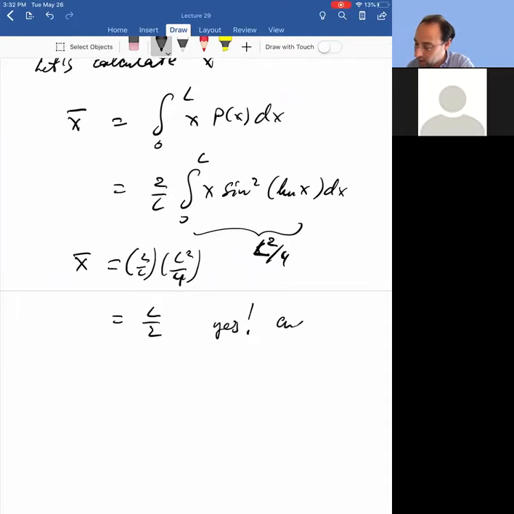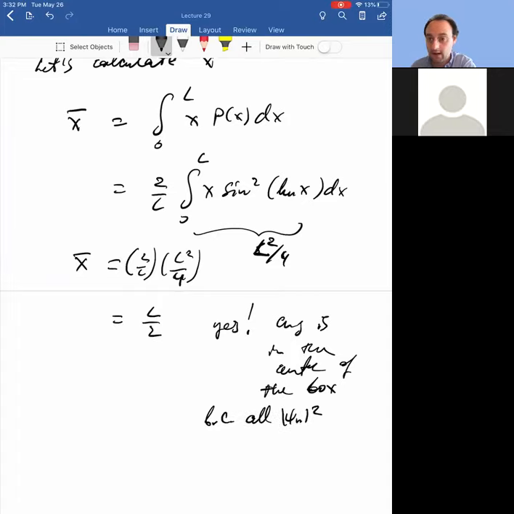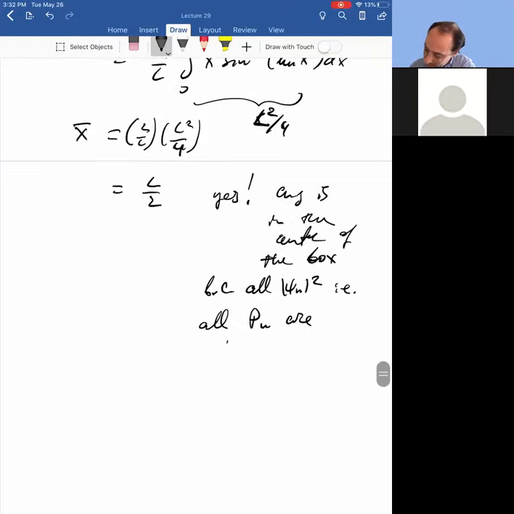The average is in the center of the box because all psi sub n squared, i.e. all p sub n, are symmetric about L over 2. That makes sense, right?